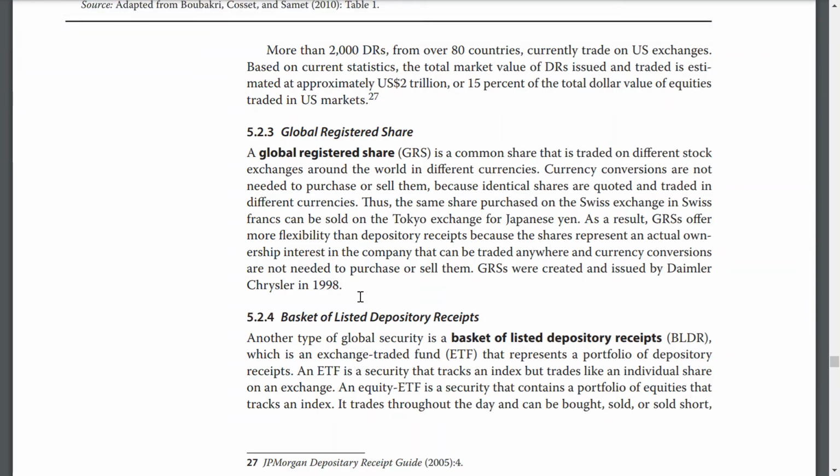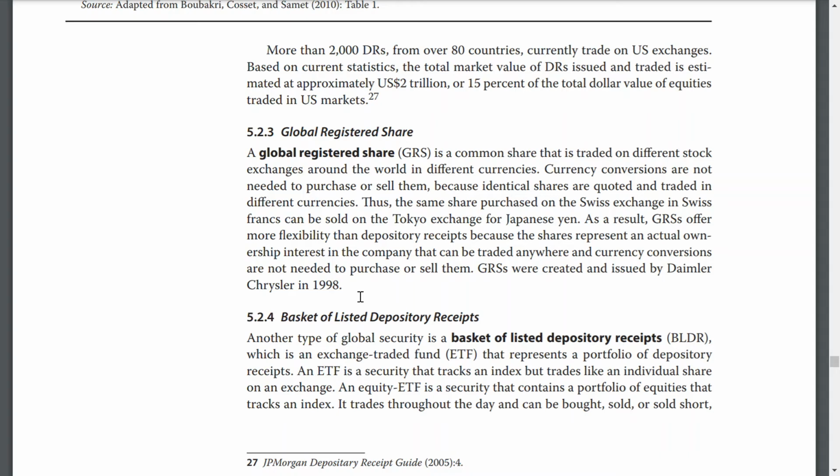Thus, the same shares purchased at the Swiss exchange in Swiss francs could be sold on the Tokyo exchange in Japanese yen. As a result, GRSs offer more flexibility than depository receipts because the shares represent an actual ownership interest in the company that can be traded anywhere, and currency conversions are not needed to purchase or sell them.